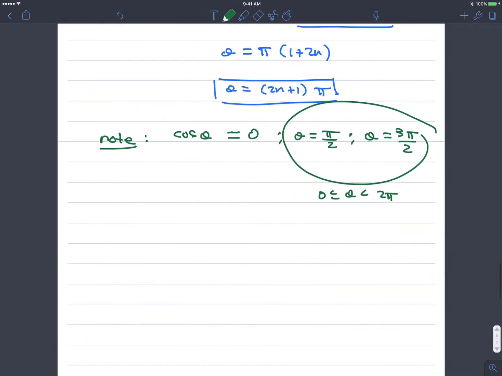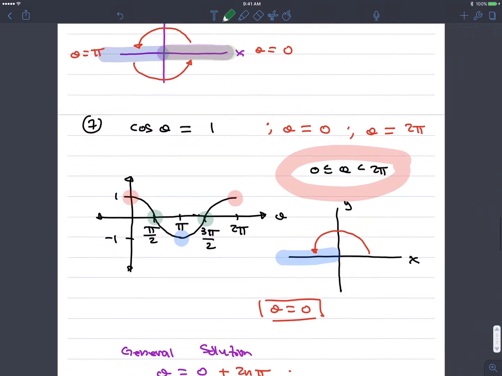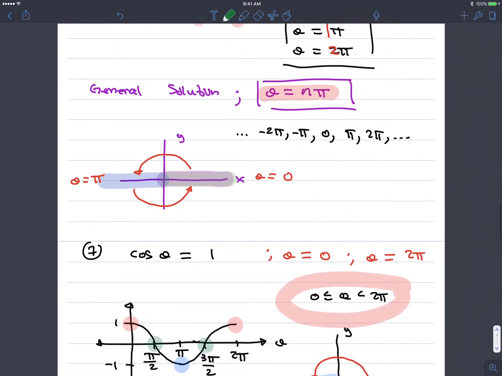Now, let's consider the general solution. What would our general solution look like? Let's go back over here.